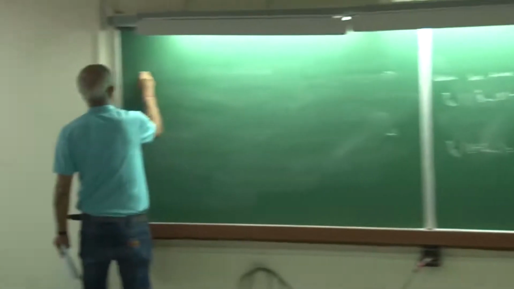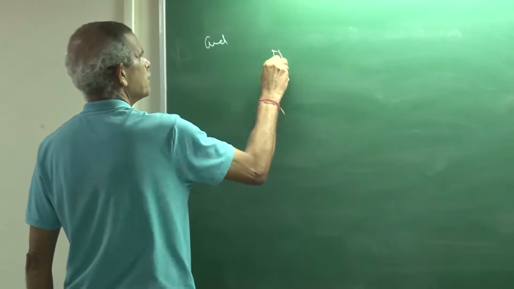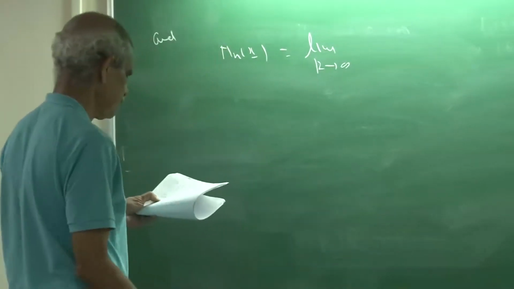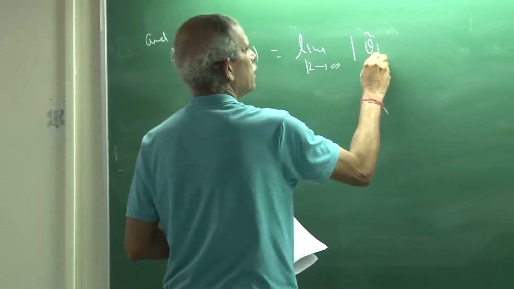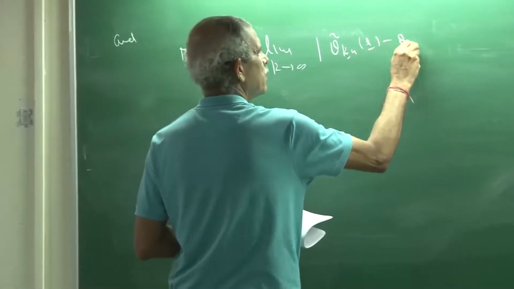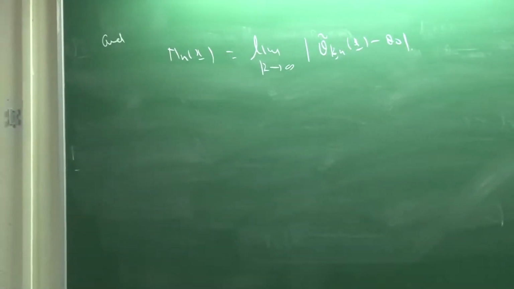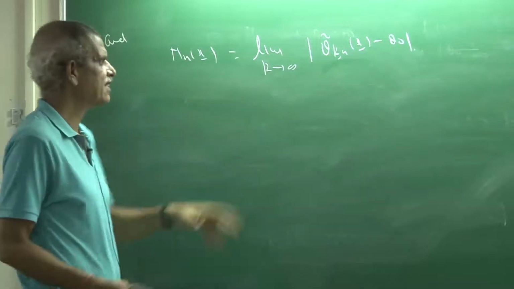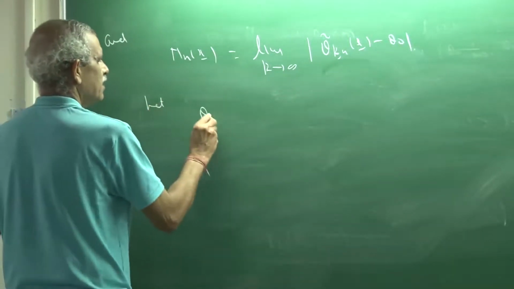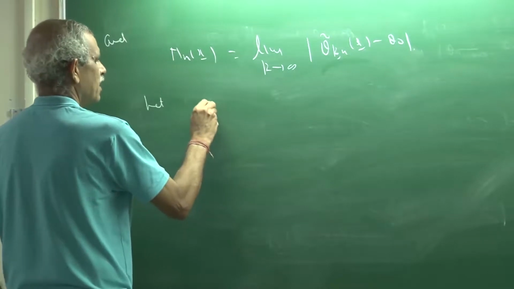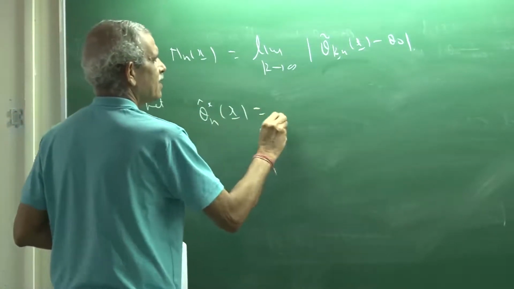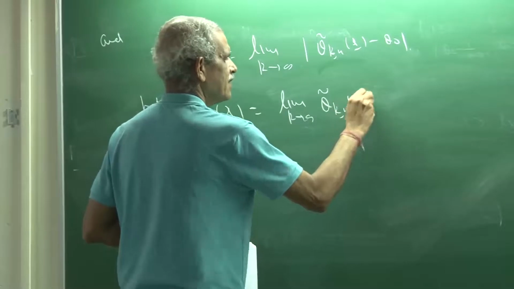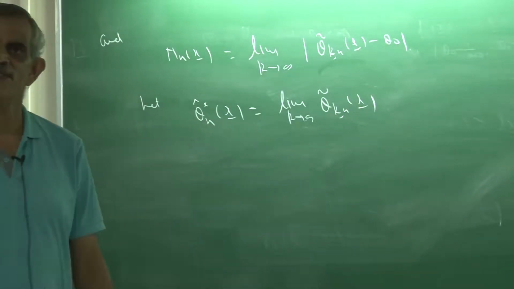And so what I do is I take my theta n hat star x as a limit of these theta hat kn x. So let theta hat n star x be the limit k going to infinity of theta tilde kn x. And this is the required sequence which we are talking about.